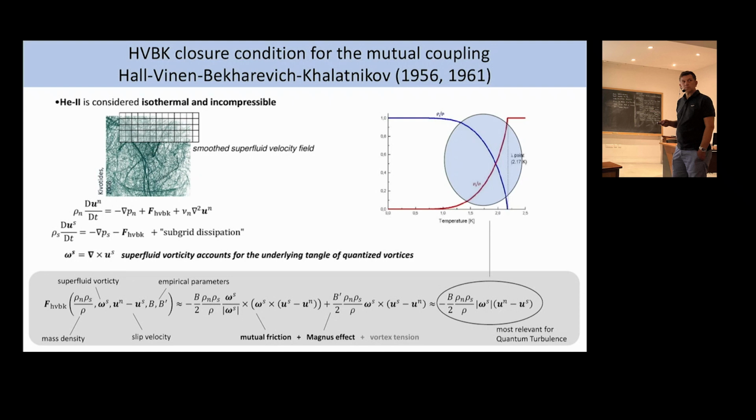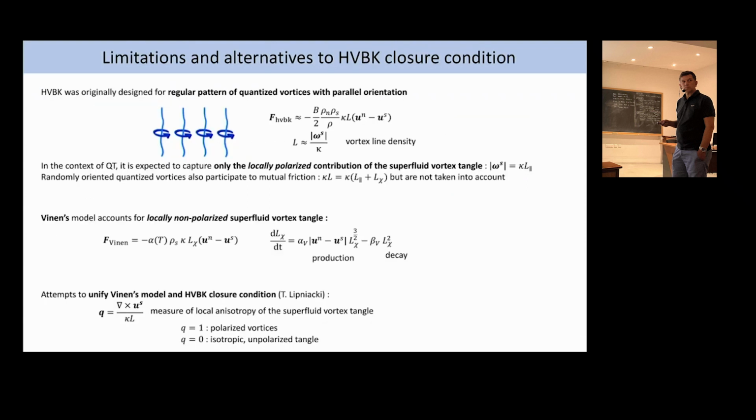But in the framework of quantum turbulence and in the range of temperature we consider, where the two components coexist, we can claim that the most relevant term is the friction term, and so we just keep this term in the modeling. Okay, I would like to make just a remark about the HVBK closure condition, which can be discussed.